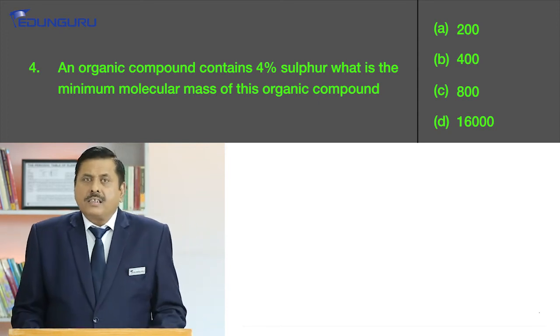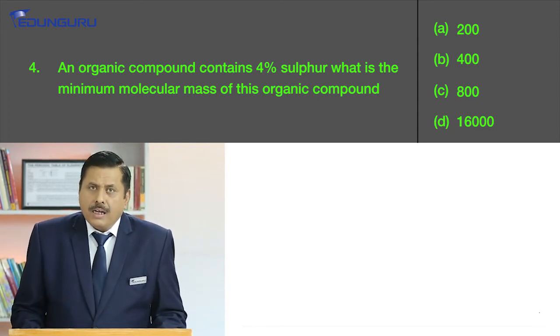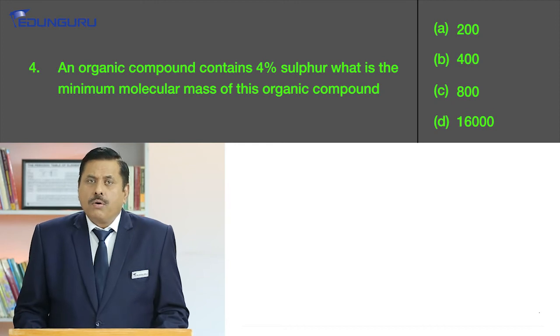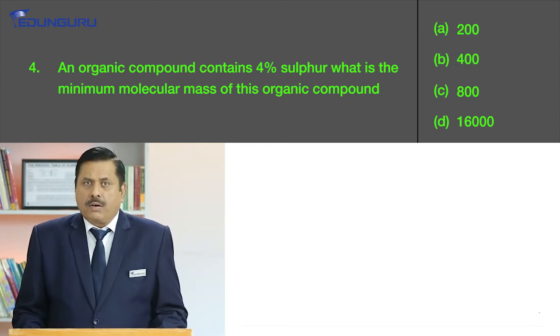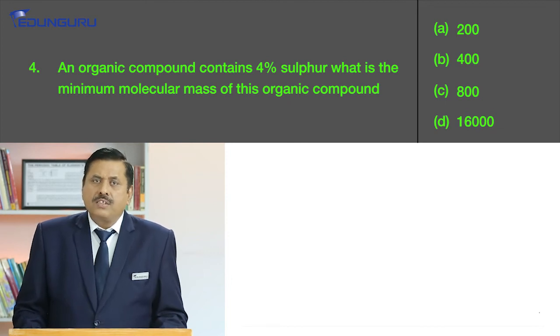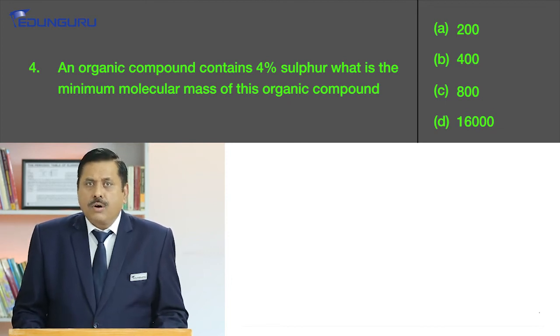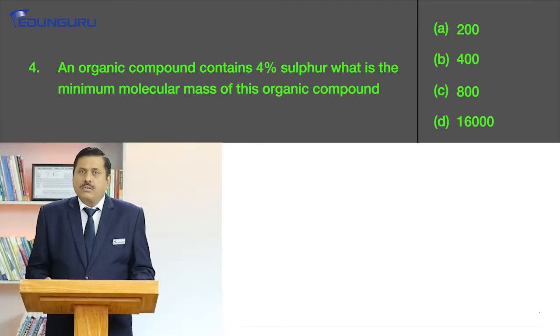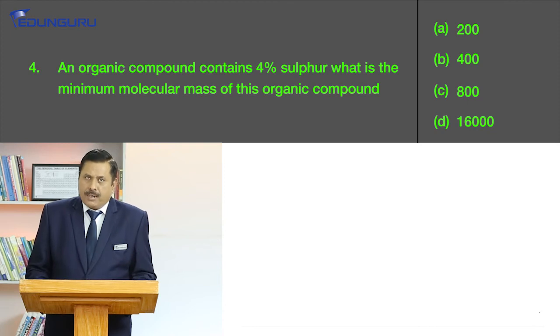Therefore, let us find the mass which contains 1 gram atom of sulfur or 1 atom of sulfur. That will give us the gram molecular mass or molecular mass, whatever you want to say. That mass of the molecule which will contain 32 u of sulfur is the molecular mass.